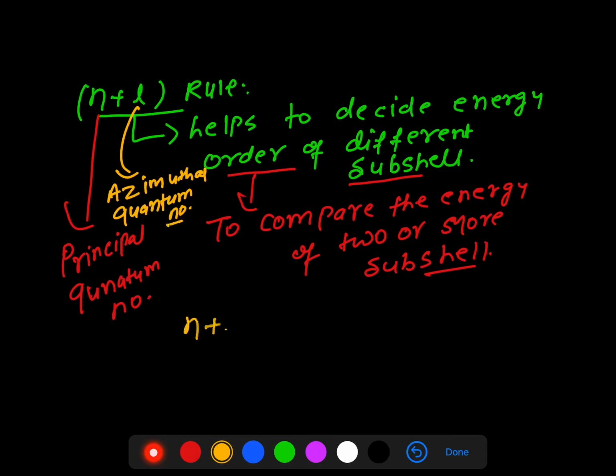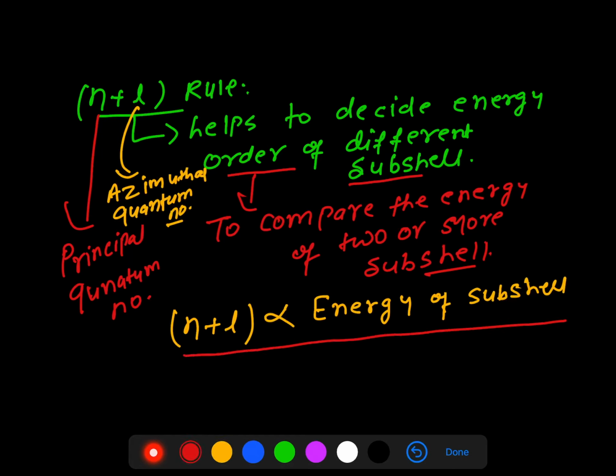So remember that n plus l, the sum, is directly proportional to the energy of the subshell. That subshell which has more value of n plus l will have more energy. The one which has lower sum of n plus l will have lower energy. Let's try to understand this.